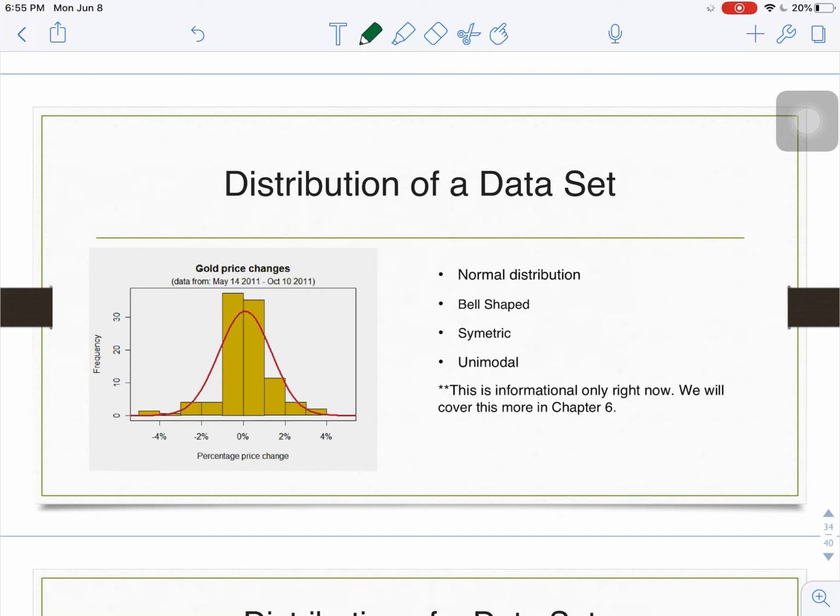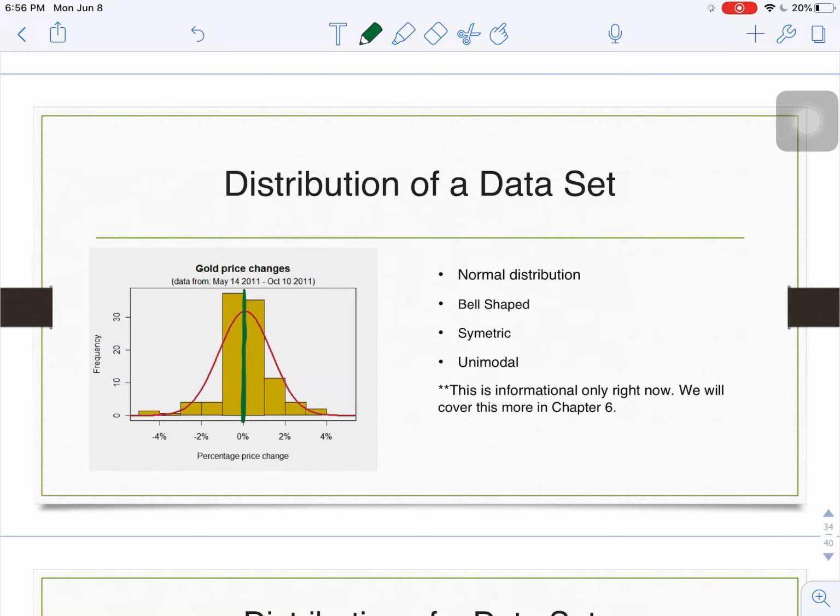For the distribution of a set of data, here we were talking about the normal distribution, and you can see that it's bell-shaped. It's commonly referred to as a bell curve. You can see it's symmetrical. One thing that I want to talk to you about is it is symmetrical at 0.